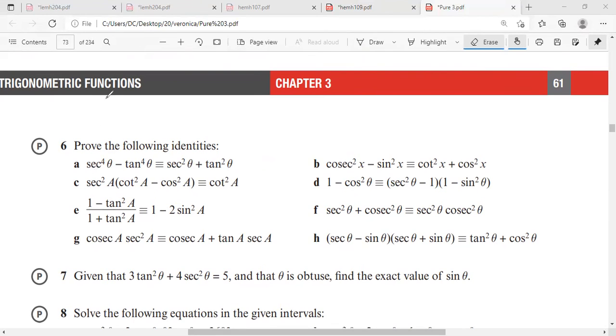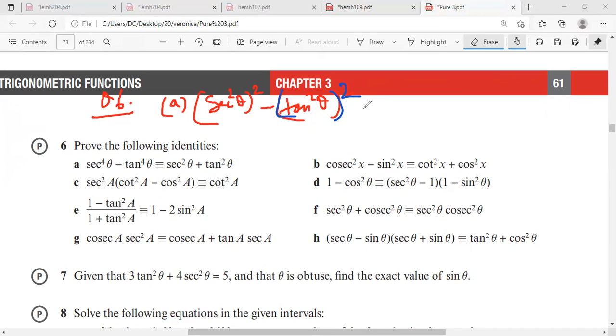Let's take the question number 6, part a. Sec to power 4 can be written as sec square theta whole square. Tan to power 4 theta can be written as tan square theta whole square.